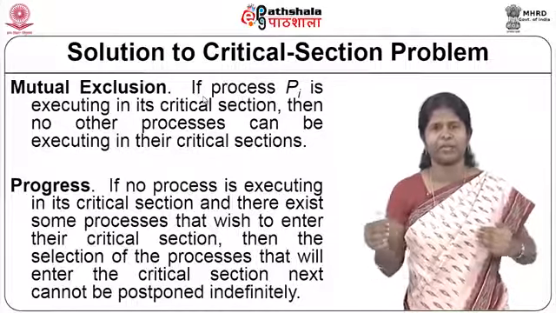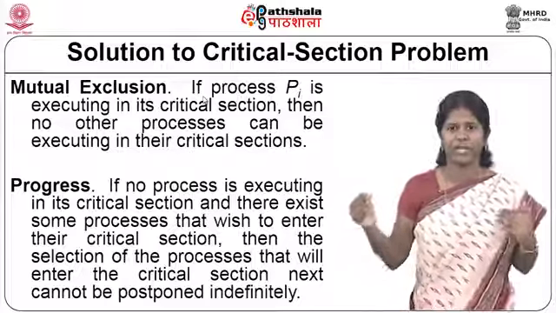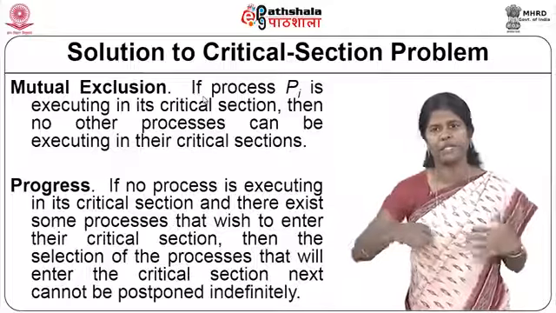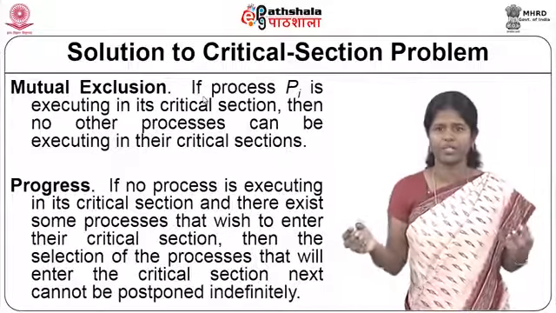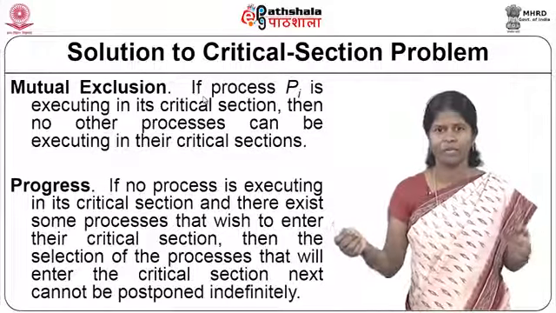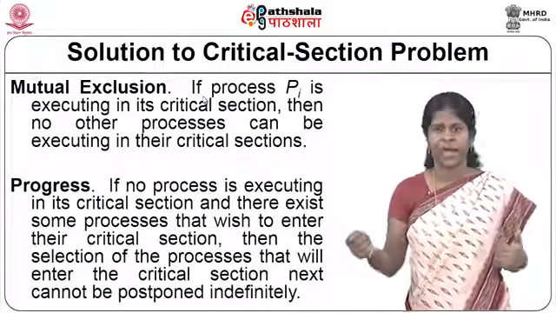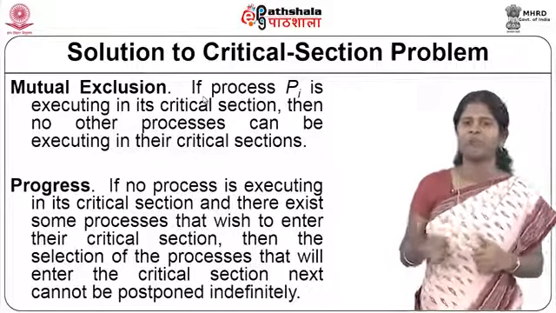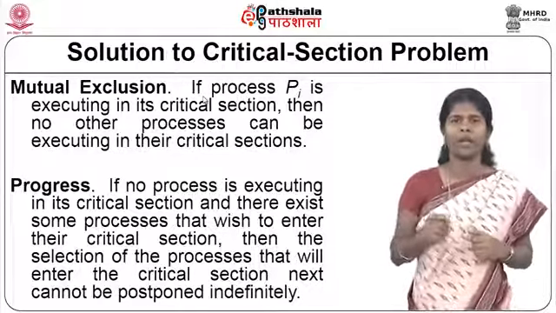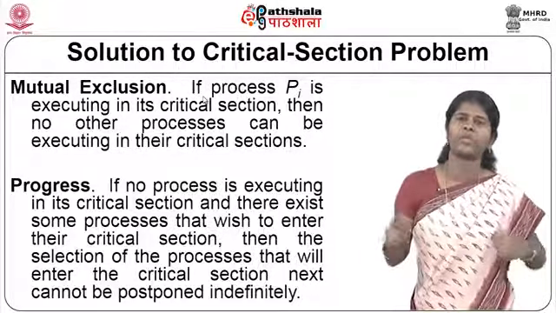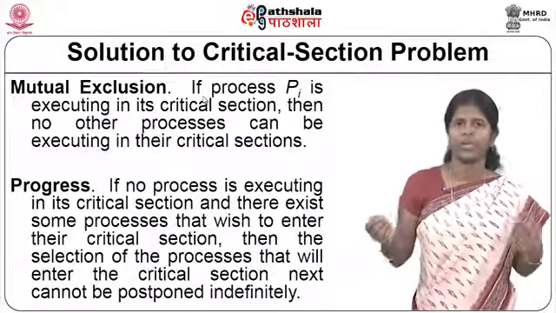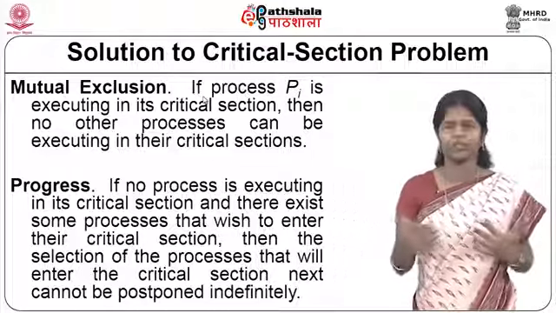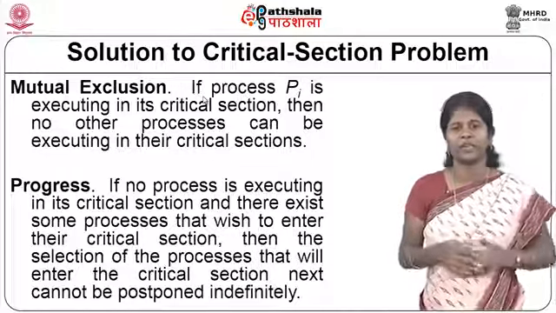They are waiting to enter their critical sections of code, and now a selection should be made between P1 and P2 as to who will enter the critical section next. This selection should not be postponed indefinitely. You can't make the two processes wait indefinitely to enter the critical section. There should be a way in which one of these two processes can enter the critical section immediately.